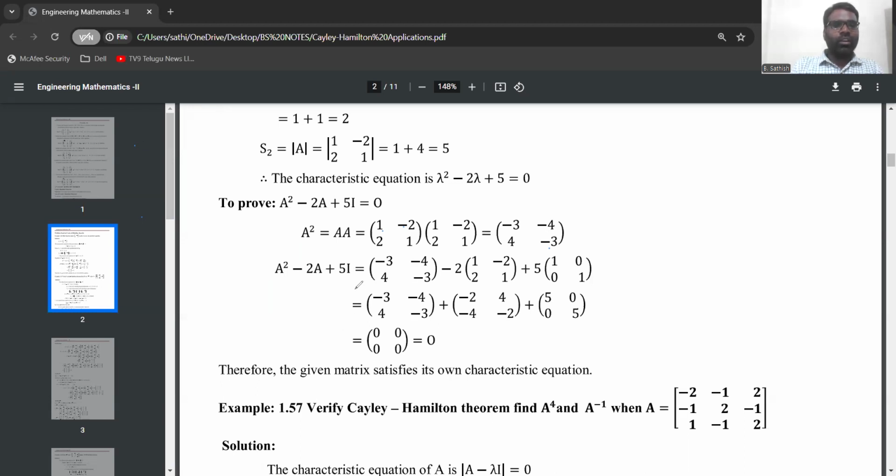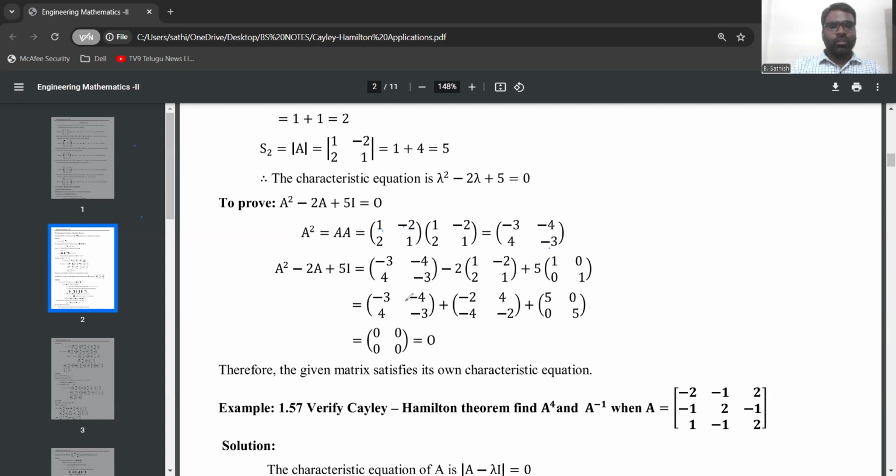So we write in the left hand side of the above equation: minus 3, minus 4, 4, minus 3, minus 2 into A, that is 1, minus 2, 2, 1, plus 5 into I. So we write 5 into 1, 0, 0, 1.